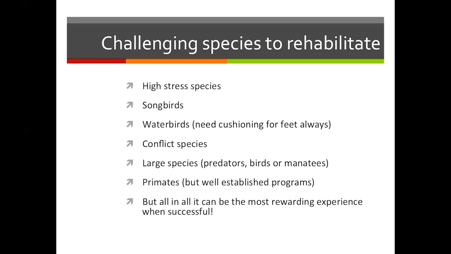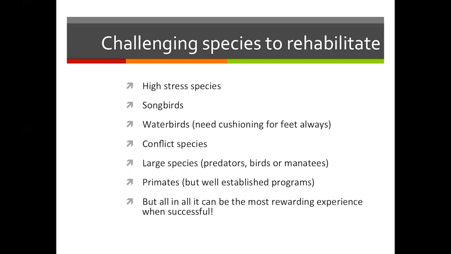Primates are by no means easy to rehabilitate. It takes many years of continuous stages to go through for these animals, which often enter as babies, to go through the process into sub-adulthood in a socialized troop that then gets gradually prepared for life in the trees and then is monitored over weeks and months and ultimately years post-release.